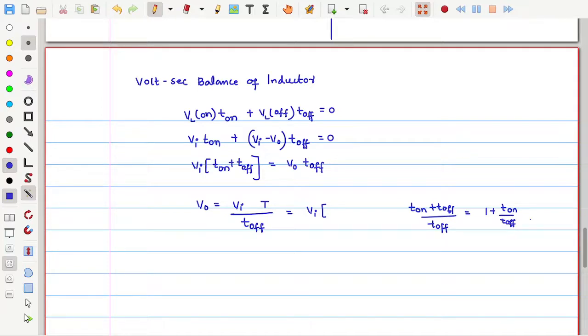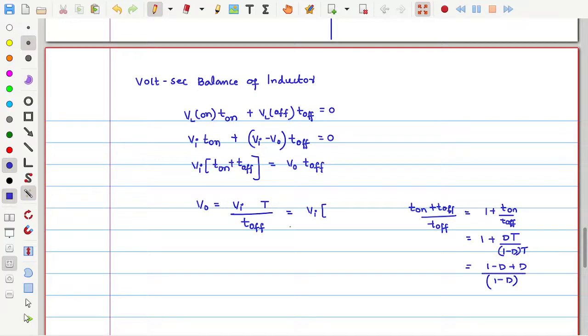T on means D into capital T, and T off means 1 minus D into capital T. So I will get 1 plus D by 1 minus D. Let me check. Yes, fine, no issue.